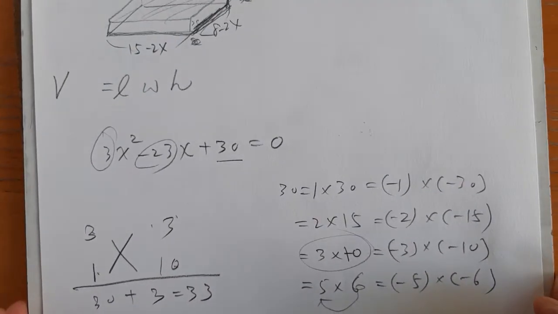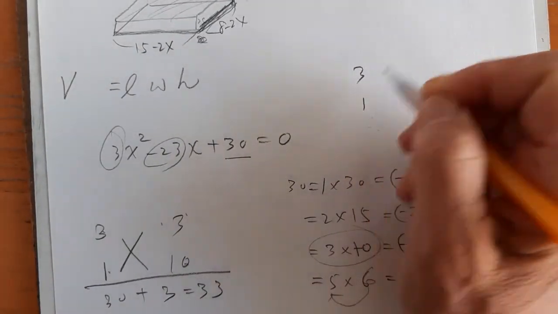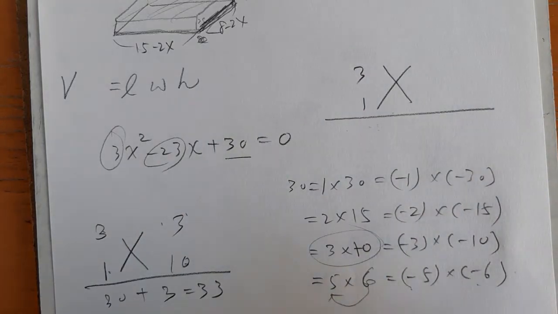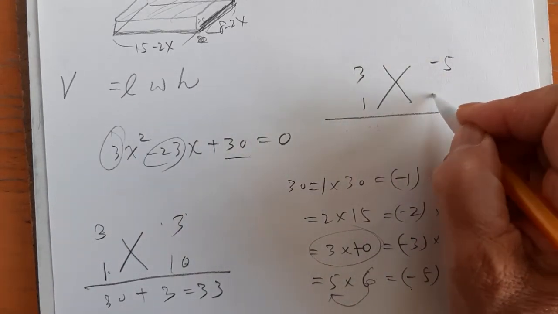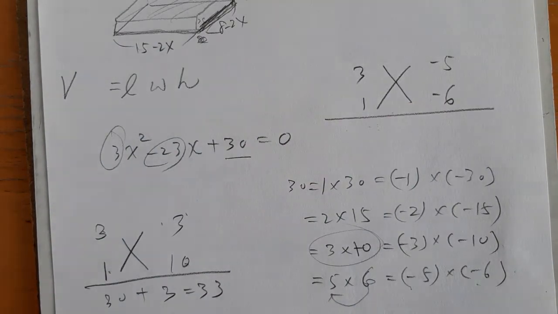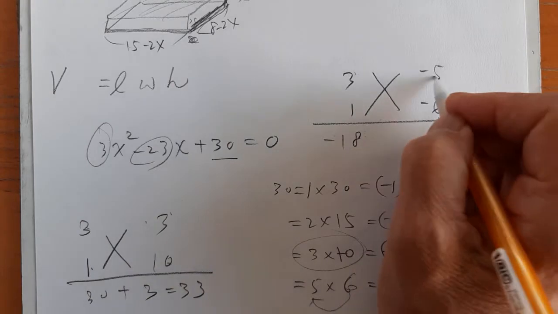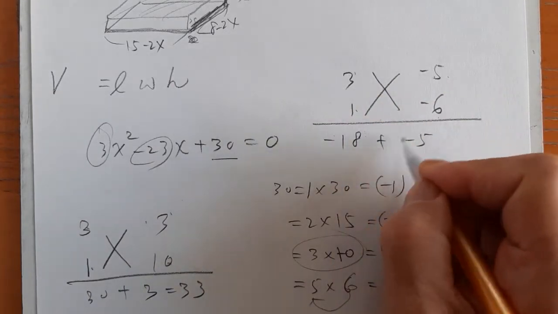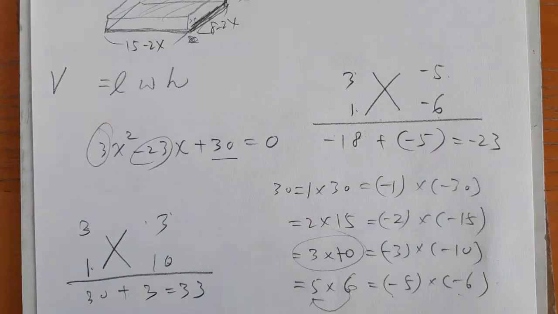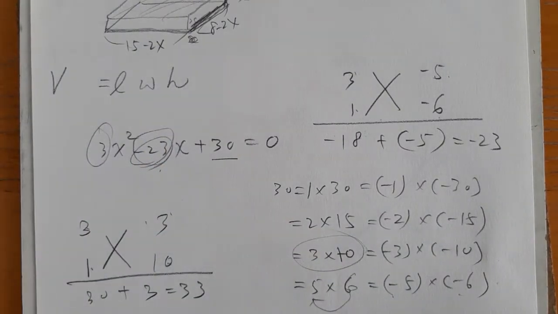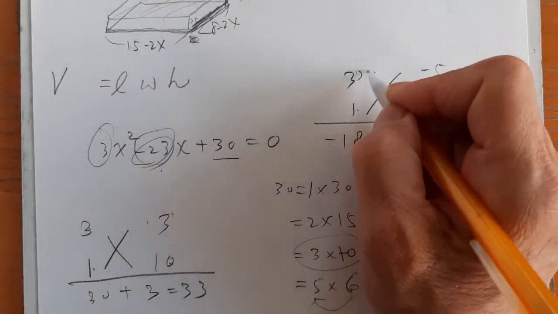Like you can try 3, 1, cross multiplication with -5, -6. Oh, probably that one. 3 times -6 is -18, -5 times 1 is -5. Added together, -23. That's the correct middle coefficient.